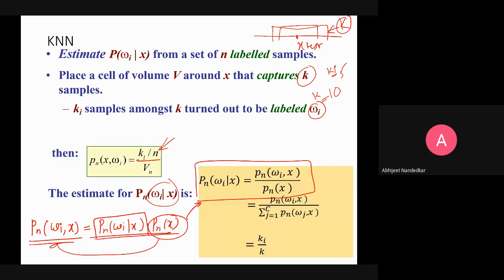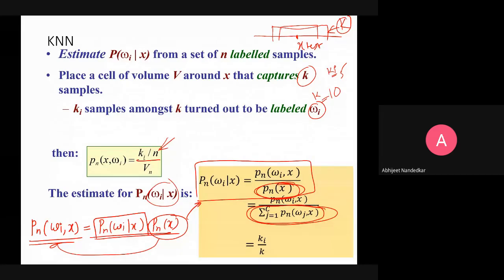Now this denominator, probability of x, we can write in terms of joint probability of x for different classes. So this p of x you can write as summation of j equal to 1 to c of probability of omega j and x.